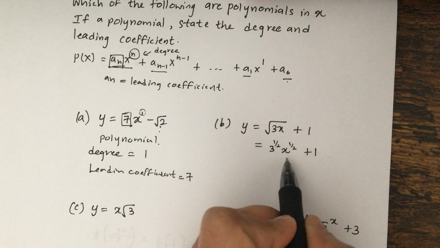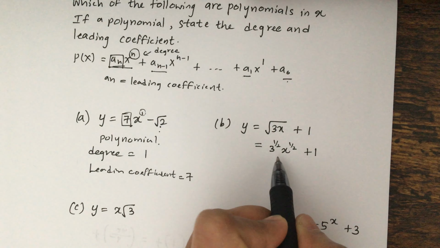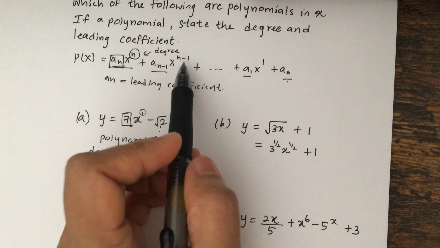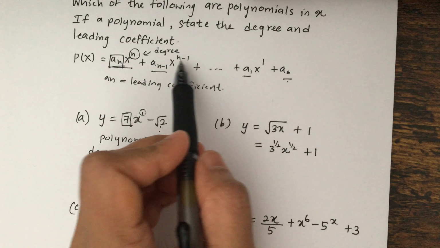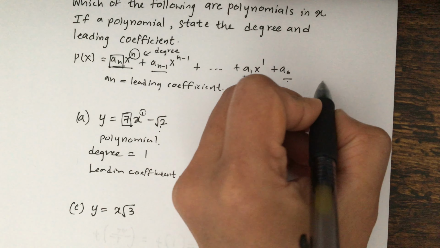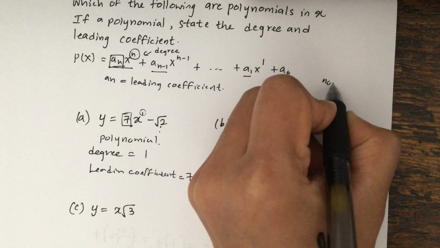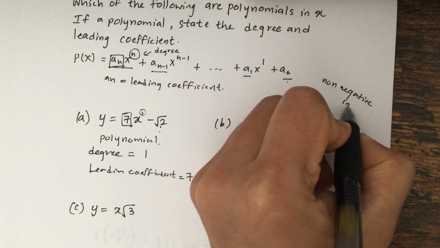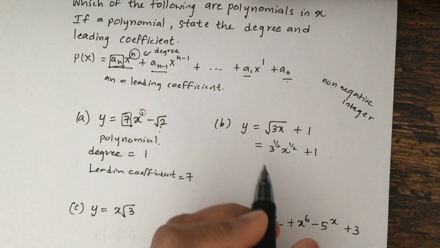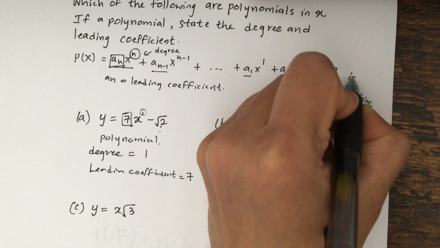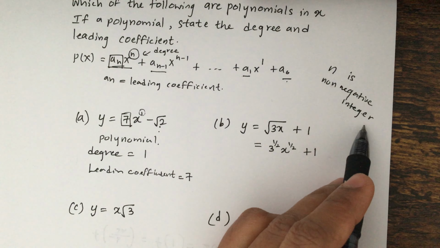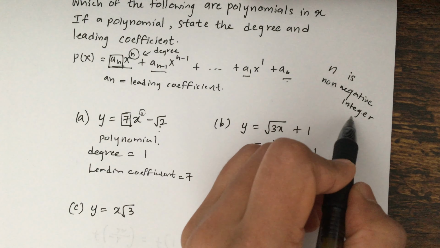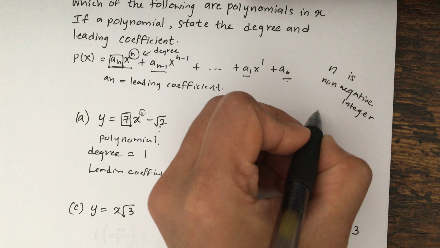Okay, that's fine. But what about this one? If you look at the power of the x, it is half. You know these powers, n, n minus 1, like this, the powers of x should be non-negative integers. So what is that?